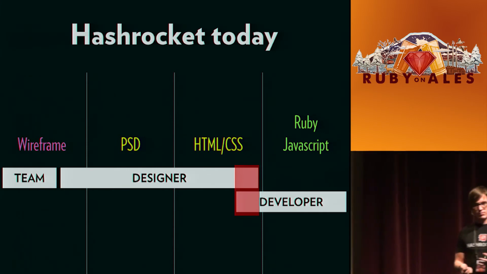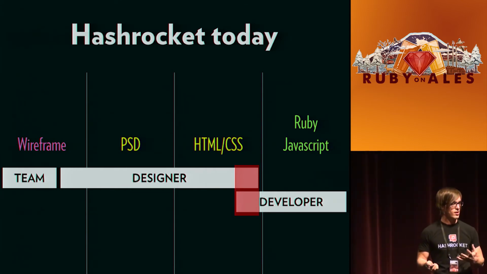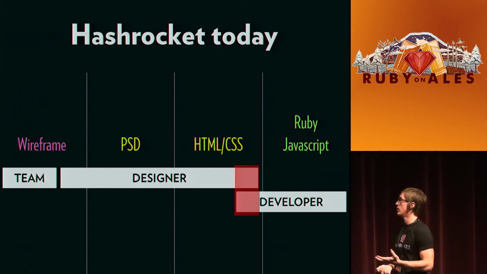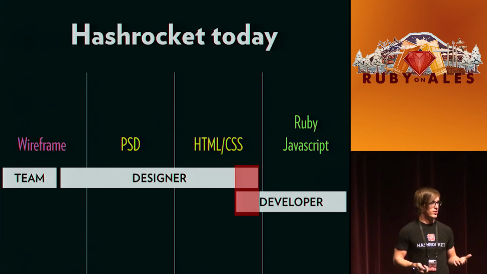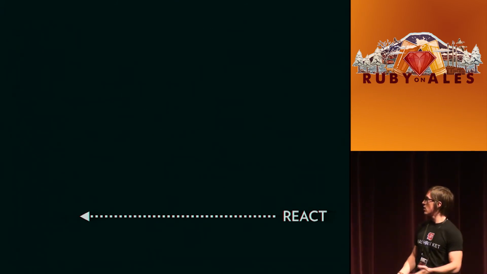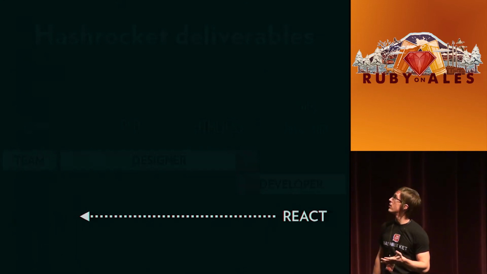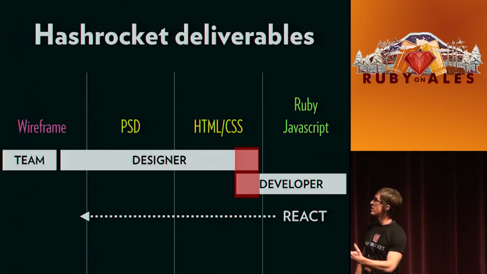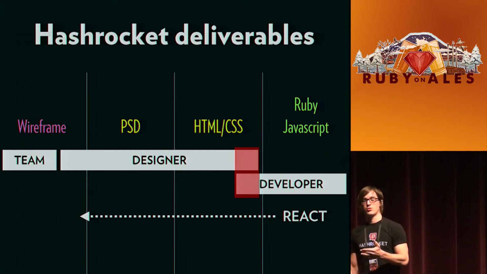So there's one big handoff point here, and it's one that I want to focus on in terms of the tools that we've come up with, because that, to me, is the biggest point of potential friction and potential confusion. Because if you look back at this process, it's all about reacting. So when we're talking about delivering stuff from PSD to HTML and CSS to Ruby, JavaScript, being able to move backwards is tremendously important.